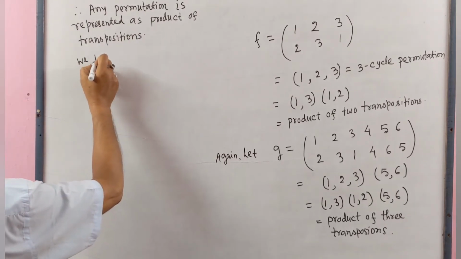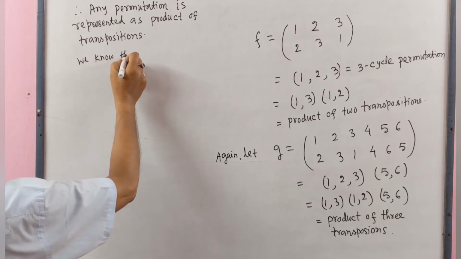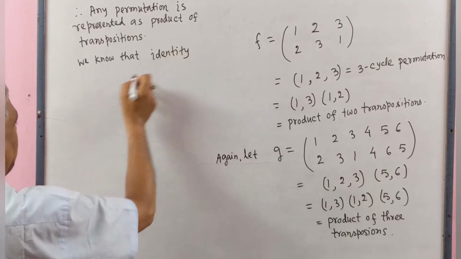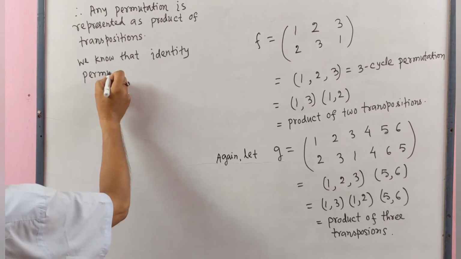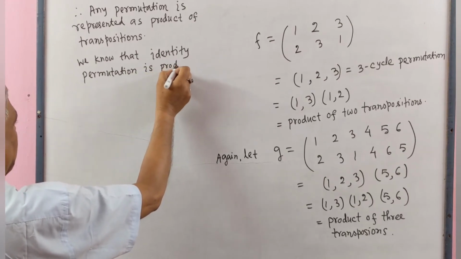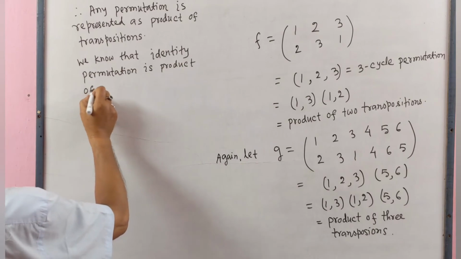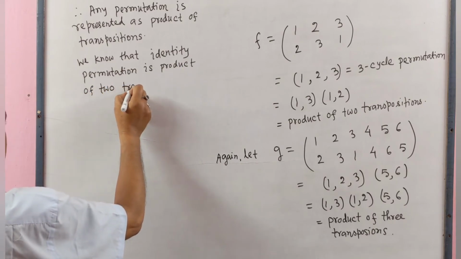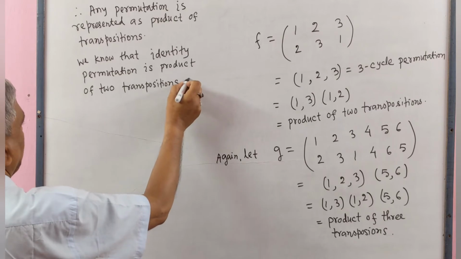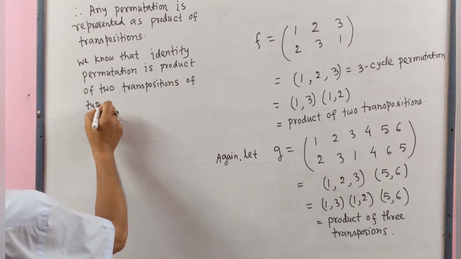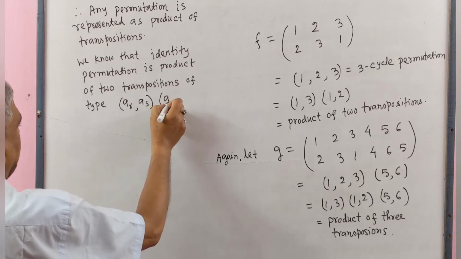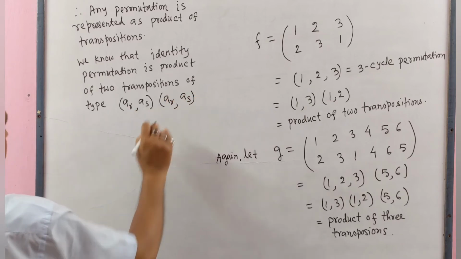We know that the identity permutation is the product of two transpositions of type (a r)(a s)... (a r) multiply (a r), two transpositions.